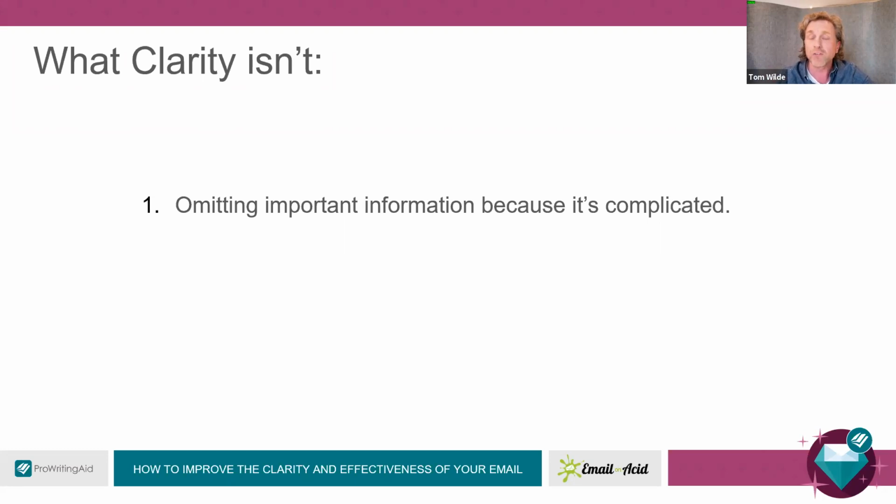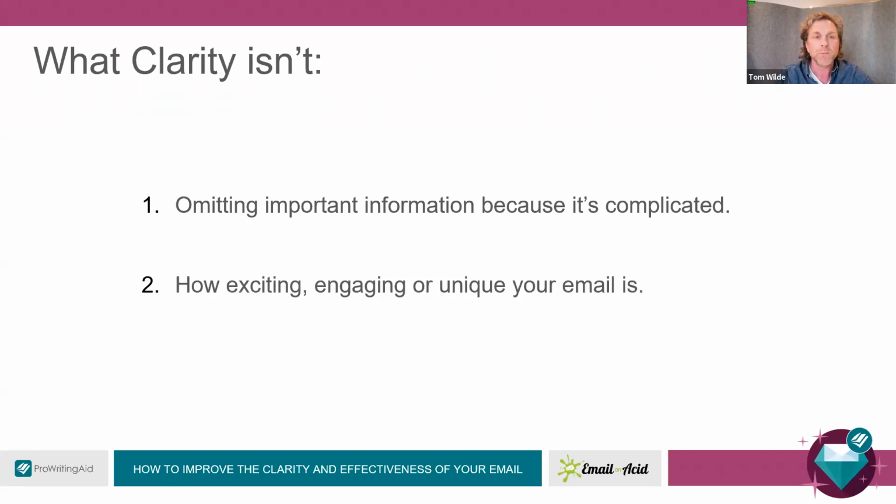You just need to find the way to communicate it. Clarity also isn't how exciting, engaging, or unique your email is. You might think you've got the most original email out there, but if it's not clear, it doesn't matter how exciting or unique it is, it's not going to resonate with your reader. So clarity is super important.